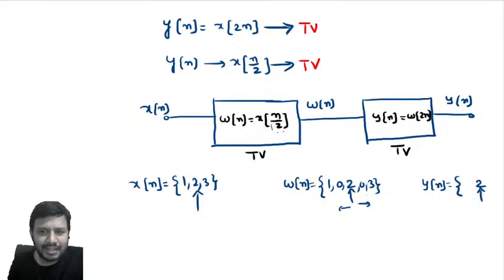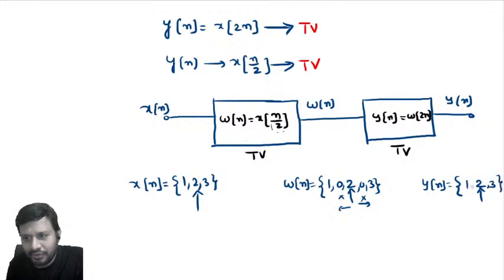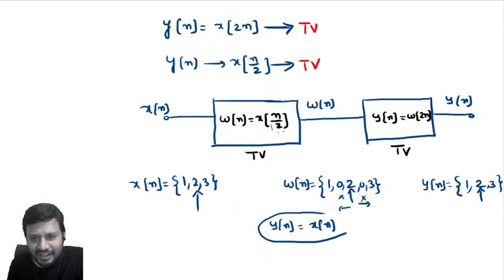So 0 you have to skip here, so after that 3 will come. Left side of the arrow also 0 you have to skip, 1 will come. Now if you observe, y of n is the same as x of n.